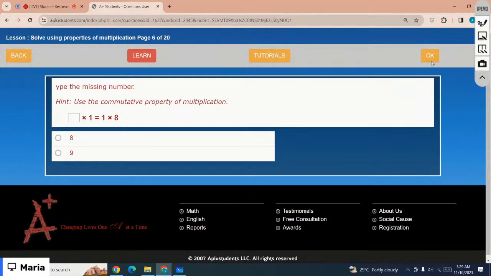The next one is 1 times 8 equals 8 times 1, right? Okay, you can complete the lesson by yourself later today. So let me just move on to the next lesson.